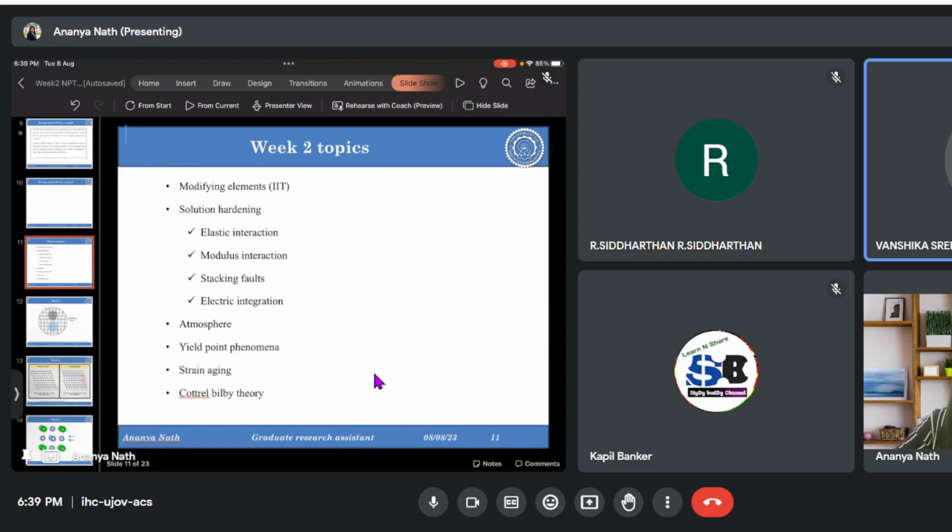Ma'am, actually, it's not directly related to the lecture, but I wanted to know more about Burgers vectors. Okay, Burgers vectors. It is something like the direction where the dislocation movement and the slip direction are interacting.